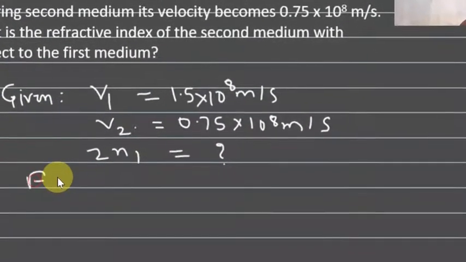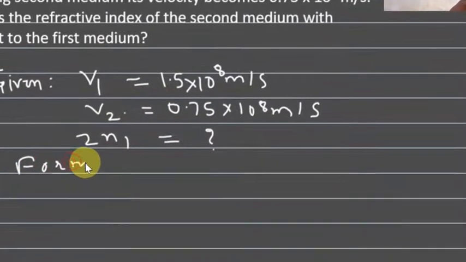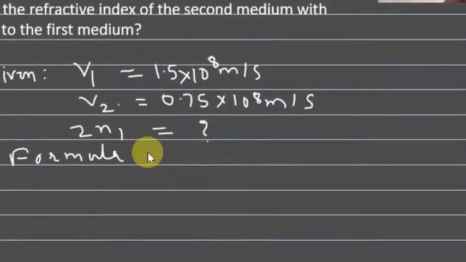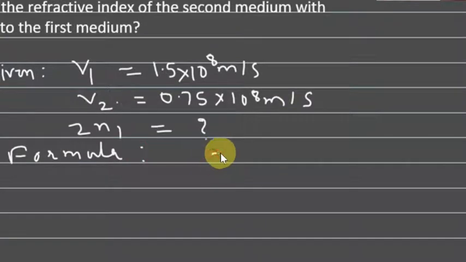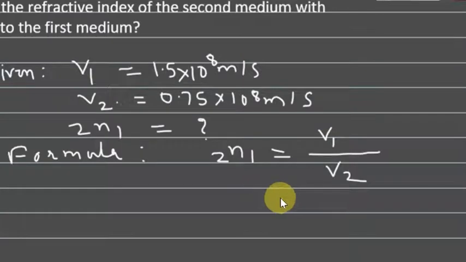To solve, we need the formula related to these three things. The refractive index of second medium with respect to first is given by velocity of light in second medium in the denominator and in the numerator velocity in first medium. Now substitute the values.